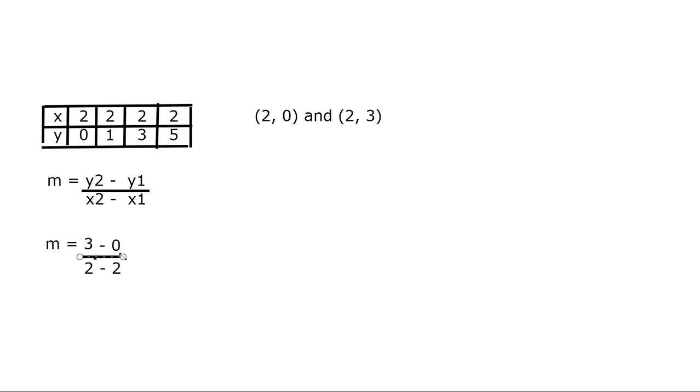What happens when I have something divided by 0? It's undefined, right? I don't have the value for the slope because it's not defined, okay? So m is equal to 3 over 0. In other courses you take, you are going to see that this is infinite, okay?